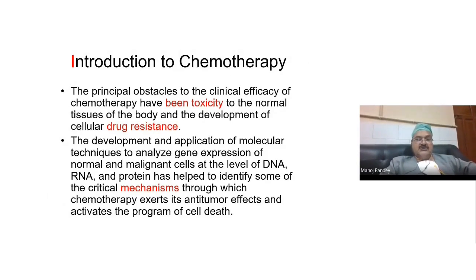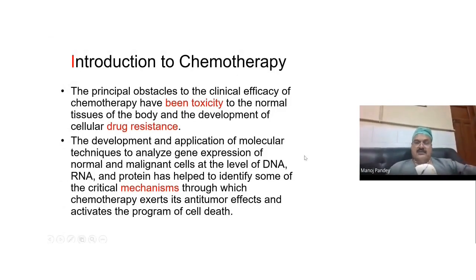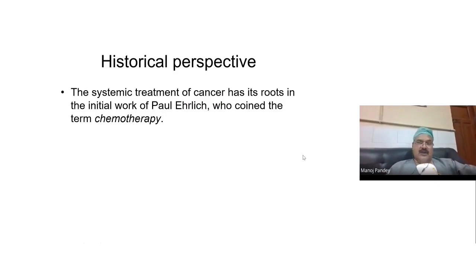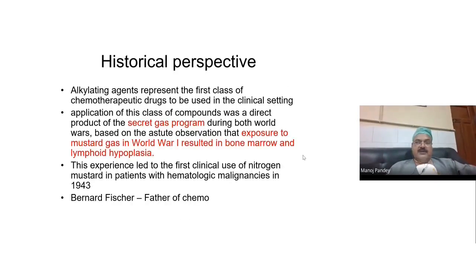When a drug is used for a longer period of time, the cells become resistant to that drug, and then there will be no more cell killing. So it is important to know the mechanisms through which these drugs act, and use them in a better manner to exert the cytotoxic effect. It was Paul Ehrlich who coined the term chemotherapy.